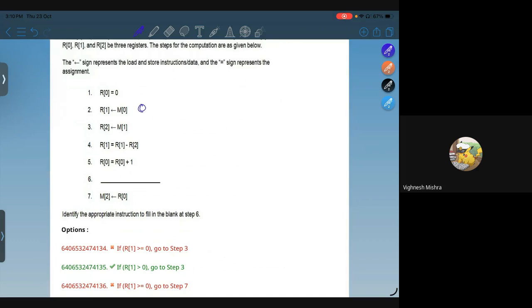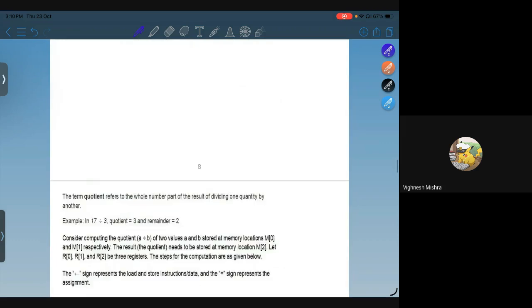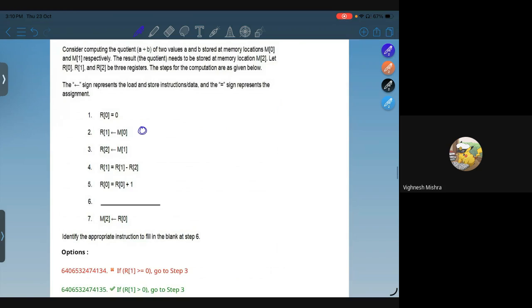This is 0. Oh, wait. This is some value. This is also some value. This is M0 minus M1, I guess.